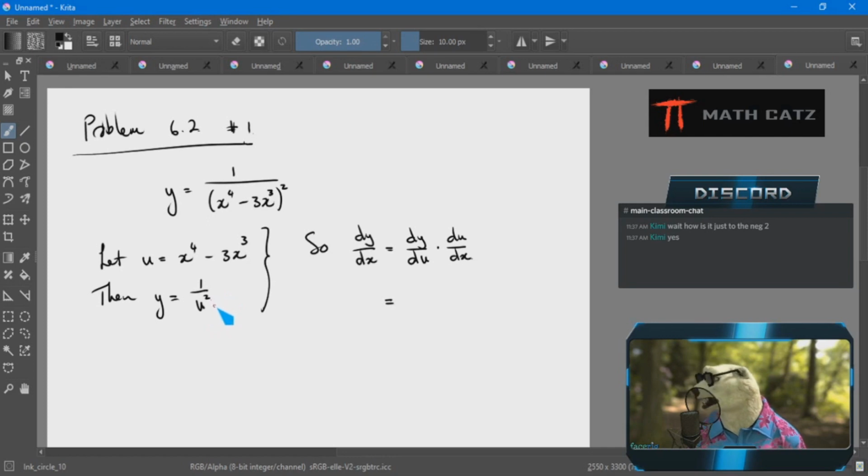Well, then, I don't want to use the quotient rule. I could, but it's overkill for something so simple because the numerator is so simple. So I write the equivalent version, which is going to be u to the negative 2. When I move the factor to the other side in the fraction, the exponent changes sign. And because it was a 2, now it becomes a negative 2.